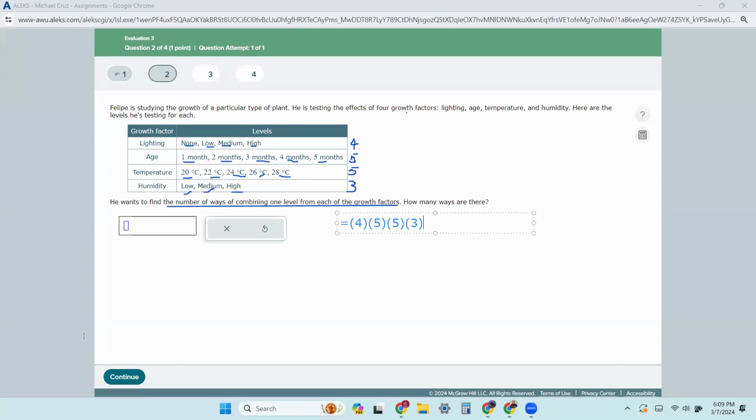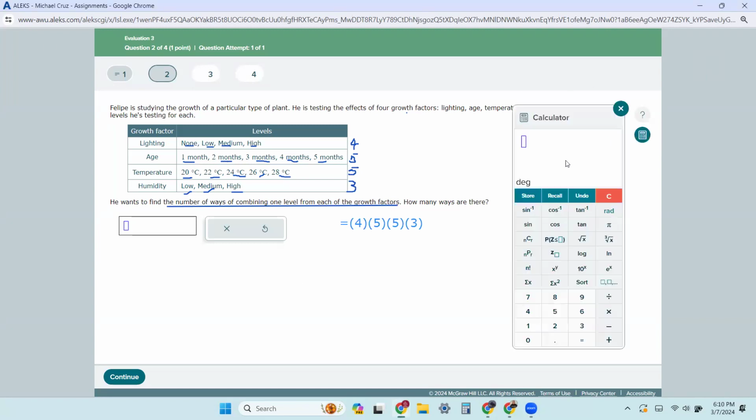All right. And what do we get with that? Let's see. There's a little calculator in here. 4 times 5 times 5 times 3 is equal to 300.